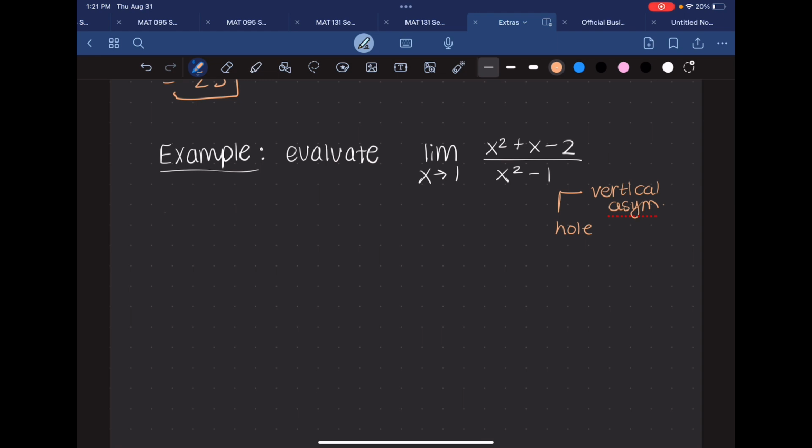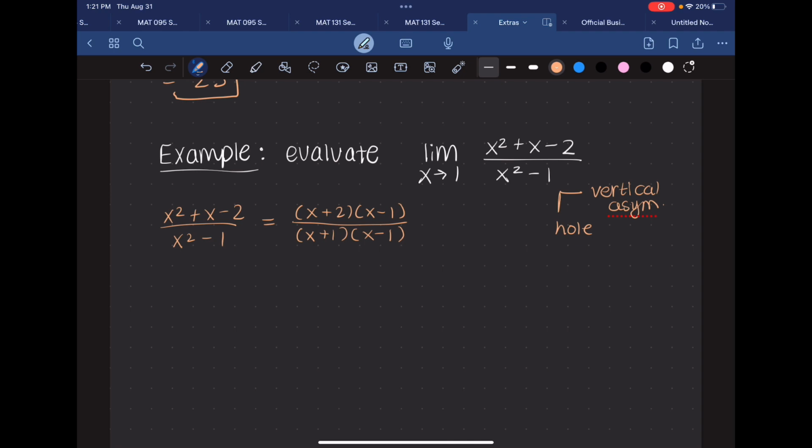So I'm going to go ahead and write x squared plus x minus 2 divided by x squared minus 1. And I'm going to go ahead and factor the numerator and denominator. In the numerator, I get x plus 2, x minus 1. And in the denominator, we have a difference of squares, so that gives us x plus 1, x minus 1.